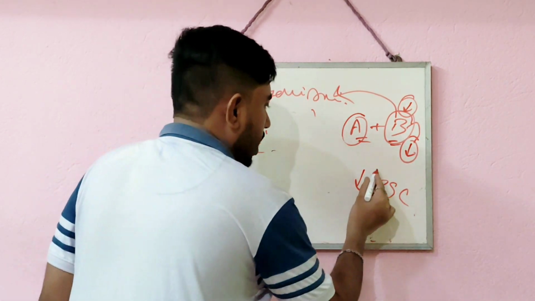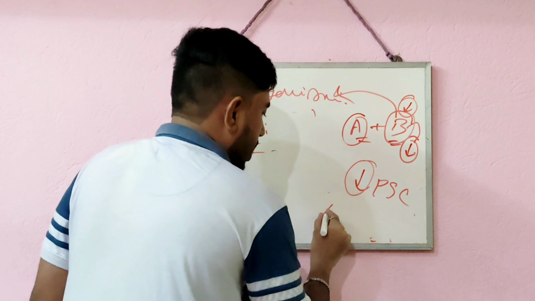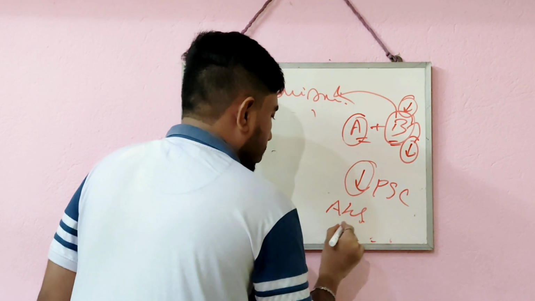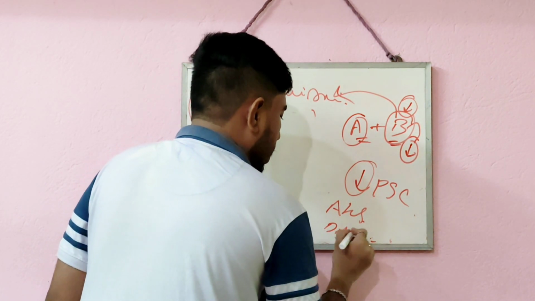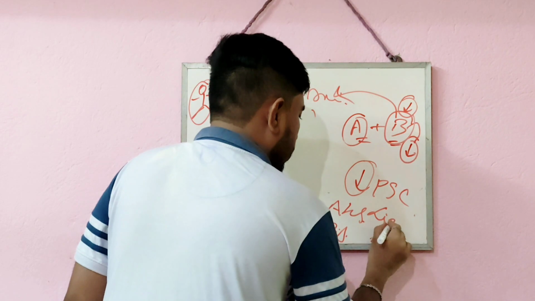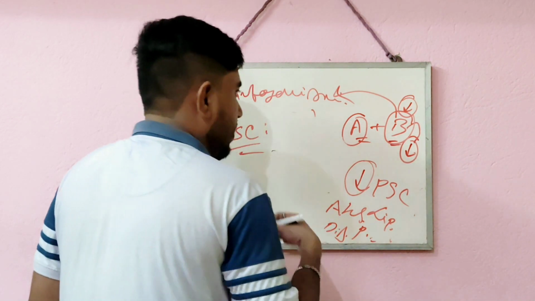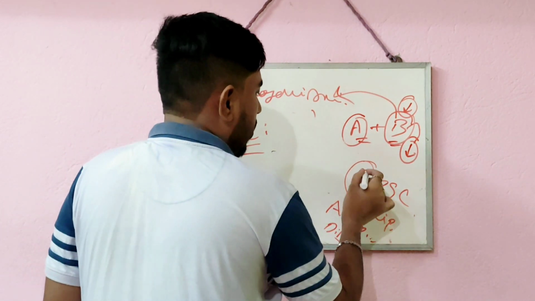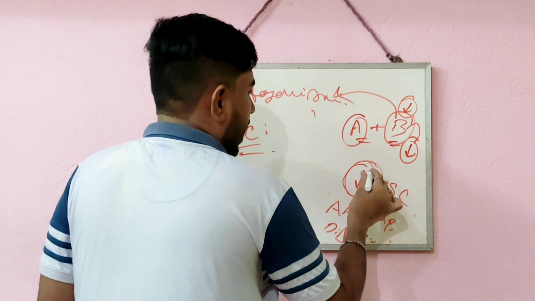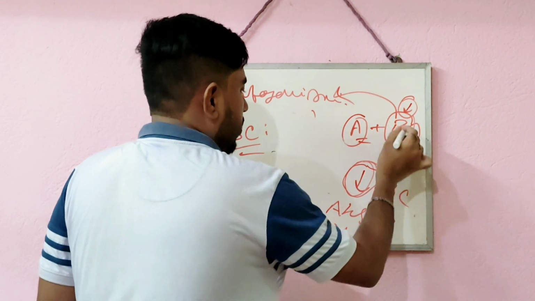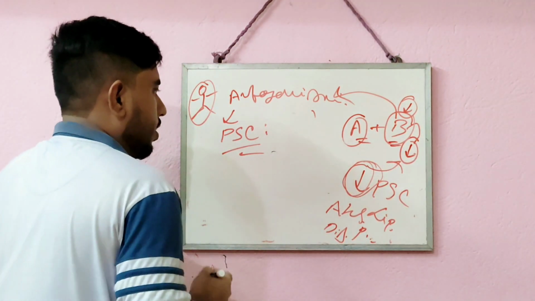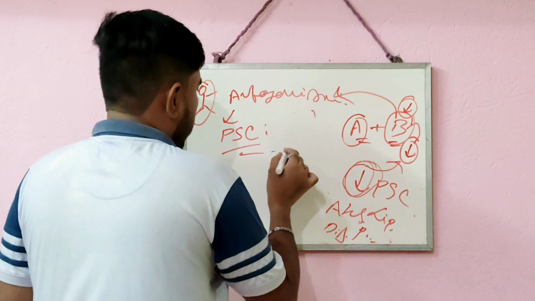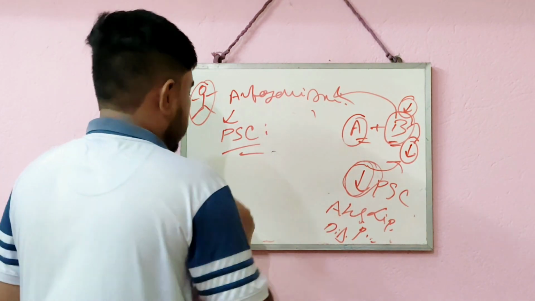By decreasing physical properties like absorption, distribution, lipophilicity, polarity, and that will cause the inhibition of action of drug B. That type of antagonism is called physical antagonism.